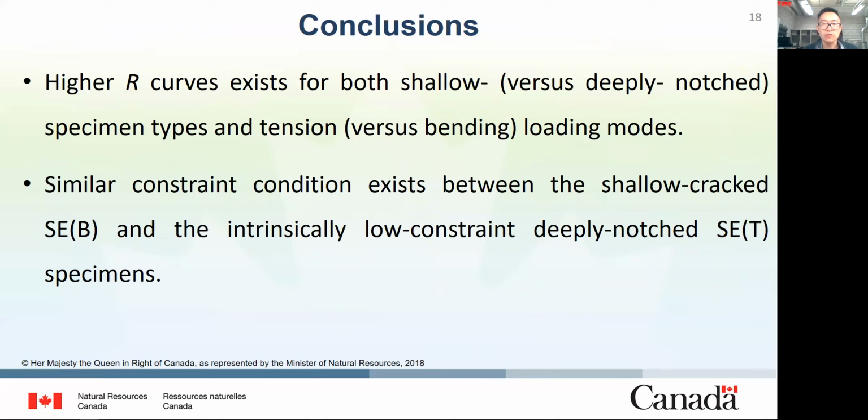Here come our conclusions. Fracture toughness test results show higher R curves for both shallow versus deeply notched specimen types and tension versus bending loading mode. The shallow cracked SEB specimens exhibit a constraint condition similar to the intrinsically low constraint deeply notched SET specimen.